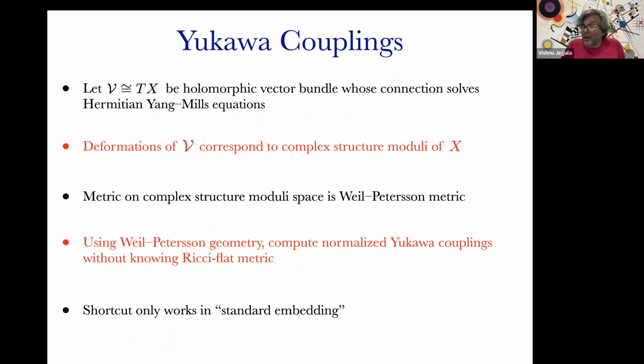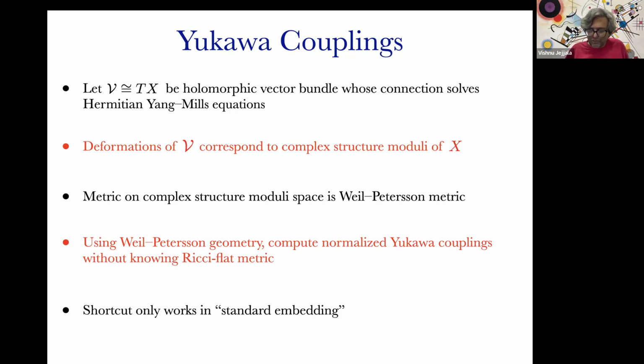We'll, of course, compare these calculations of the normalized Yukawa couplings using Weil-Petersson geometry to the calculations we'd obtain for the same quantity using the machine-learned Ricci-flat metric. The shortcut for eliding use of the Ricci-flat metric in computing these normalized Yukawa couplings only works in standard embedding, and this is the case in which we're studying Calabi-Yaus with Euler character plus or minus 6 in order to get a 3-generation model.